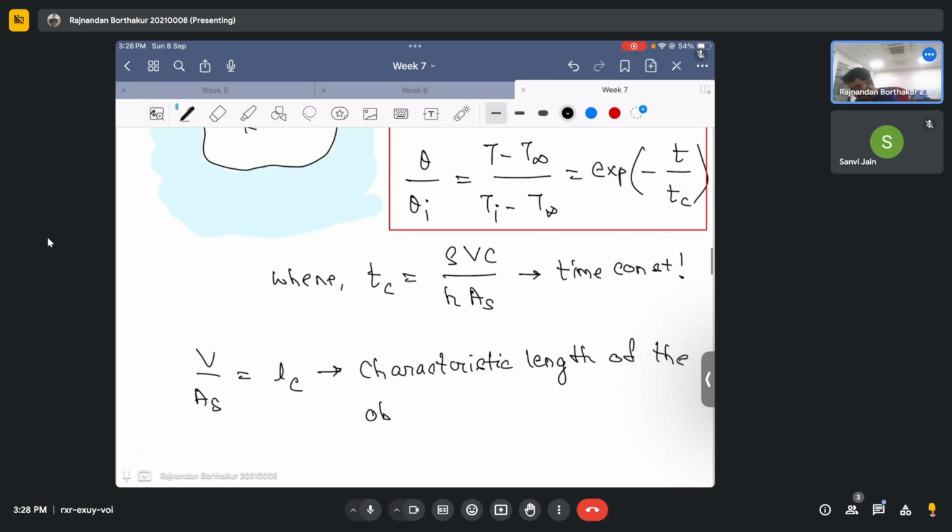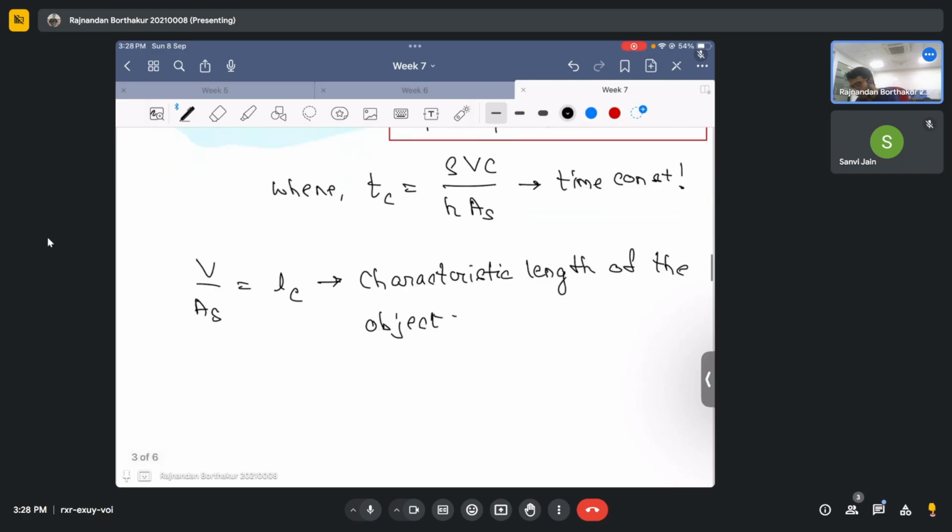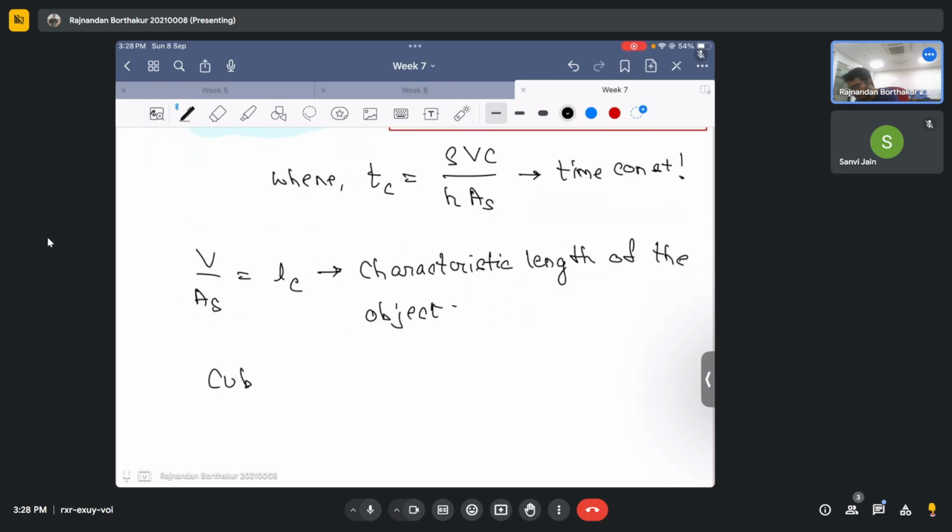For instance, if I have a cube of, let's say, side A, can you tell me what is the value of LC? Quickly. That's easy, right? That's also a part of your assignment.